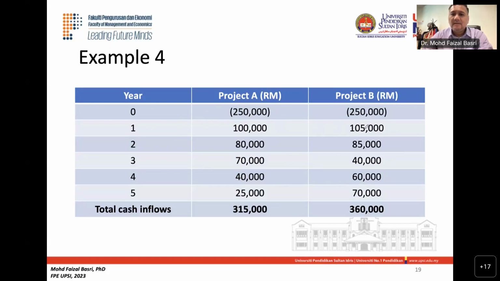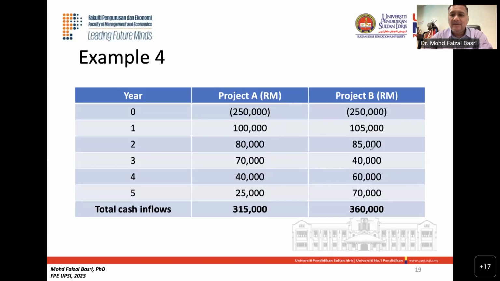For project B, the total return is 360,000. For project A it is 315,000. With the different returns every year, especially project A, as you can see, the returns are declining every year from 100,000, the highest, to 80,000, 70, 40, and 25,000 in year 5.